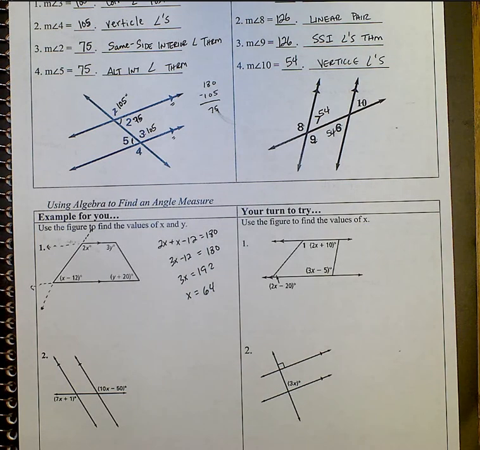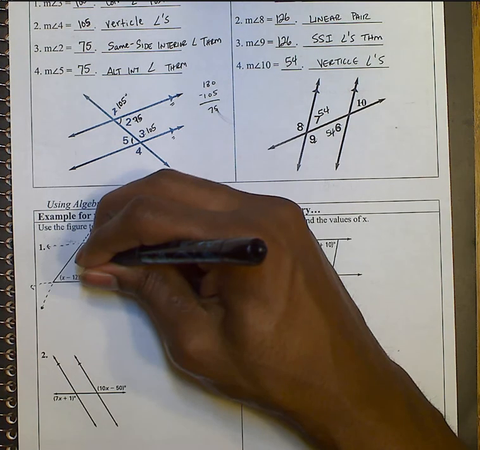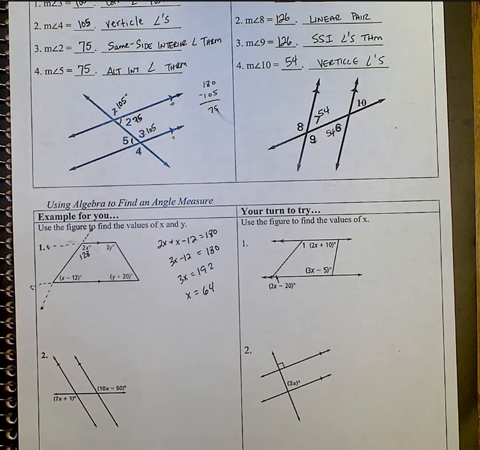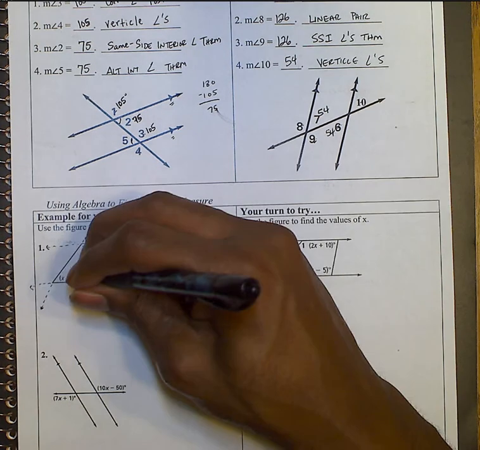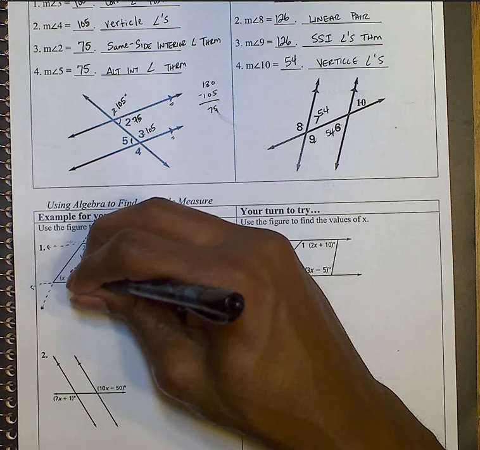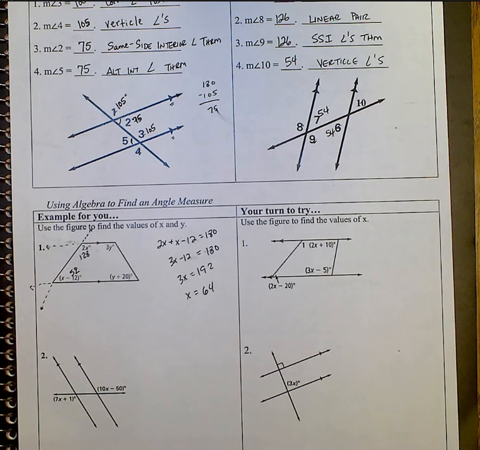I should be able to check that this adds up to 180. This will be 128, 64 times 2. This will be 52, 64 minus 12. 52 plus 128 equals 180. So I'm good.